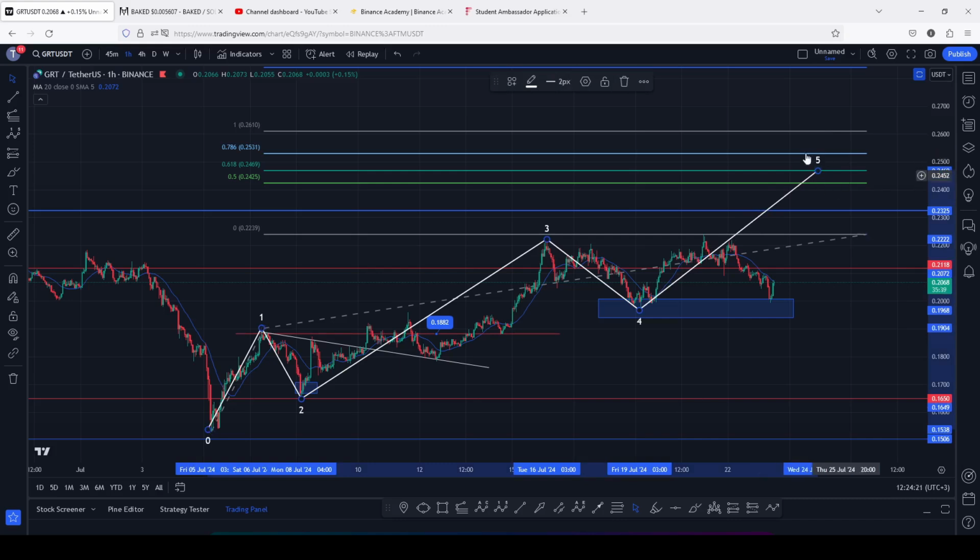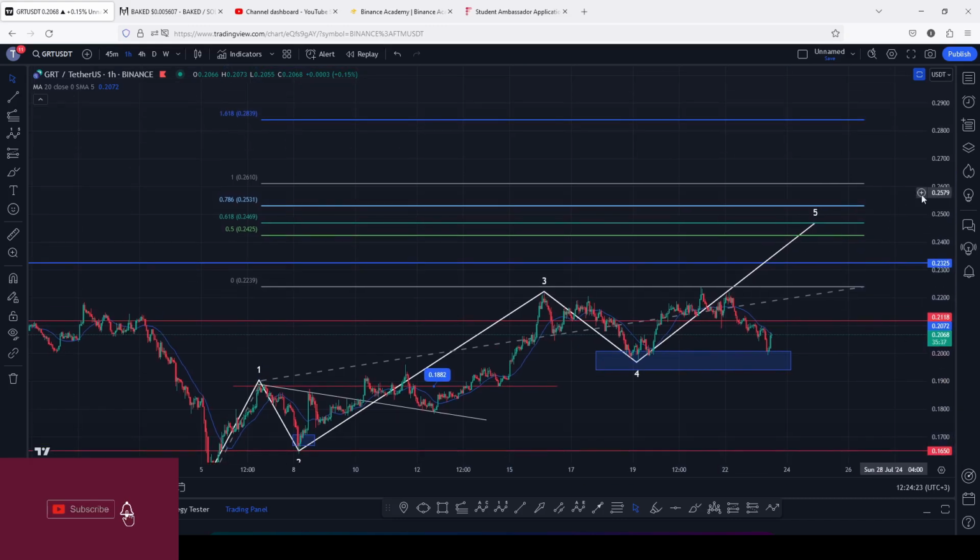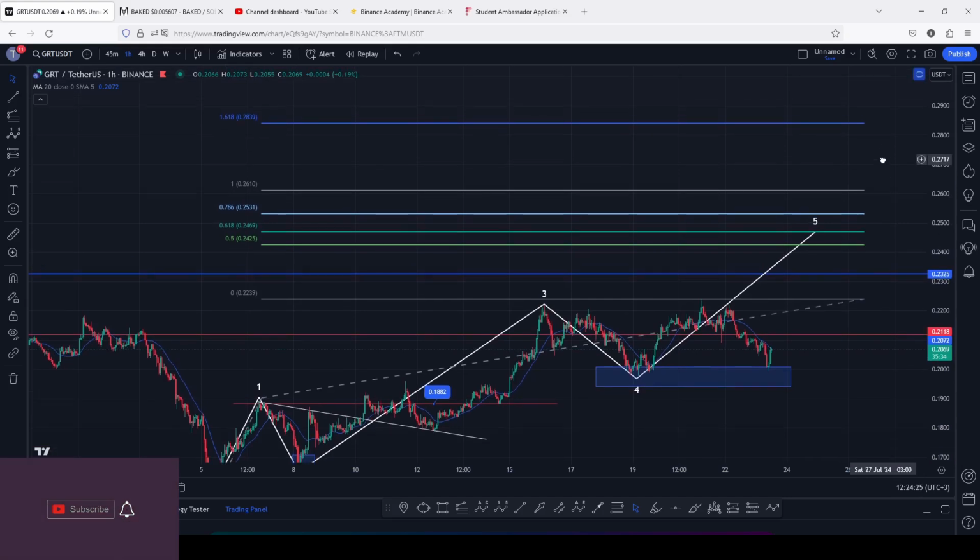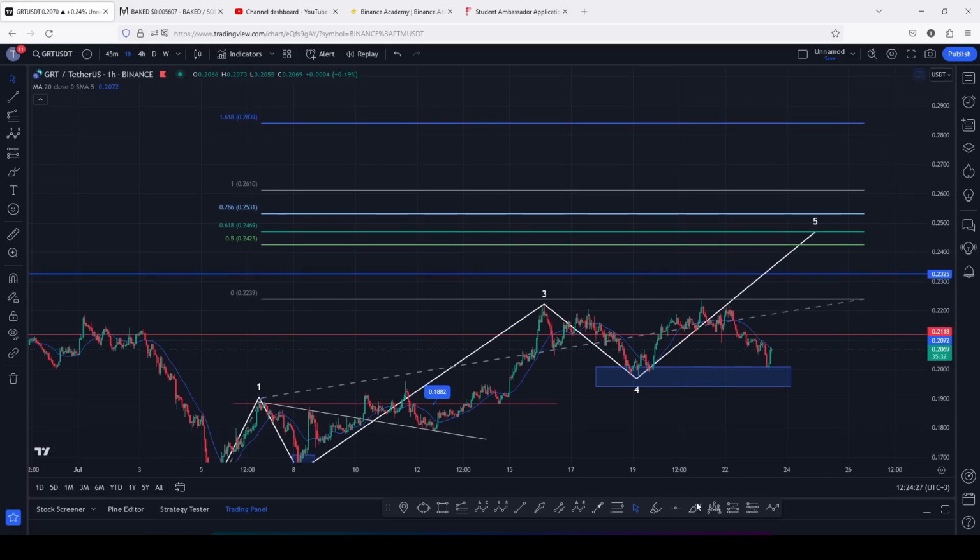And the moment you manage to fully maximize that target area, and maybe we have that bullish momentum to continue pushing even higher, then the Fib level 1.618 will be my next target area, which perfectly lies above the 0.2839.